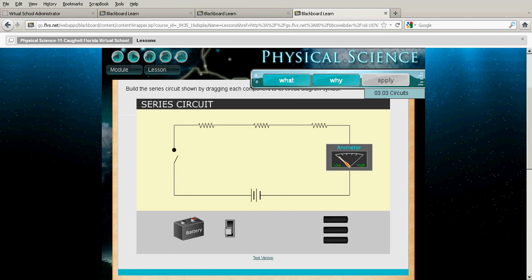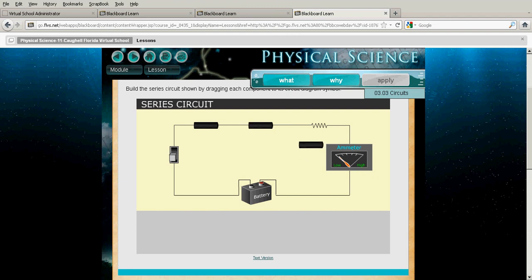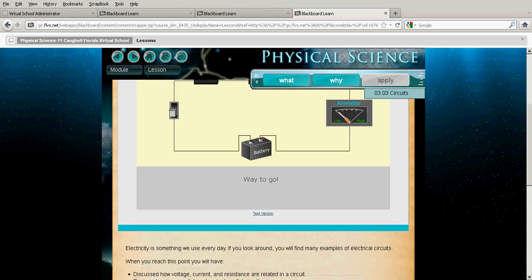Put the ammeter, the battery, the switch, and we'll put our 3 resistors. Notice that the squiggly lines are for the resistors. The A is for the ammeter. The open, kind of like an open door, is for the switch. And this is for the battery.